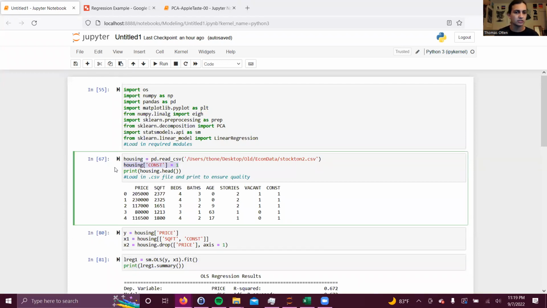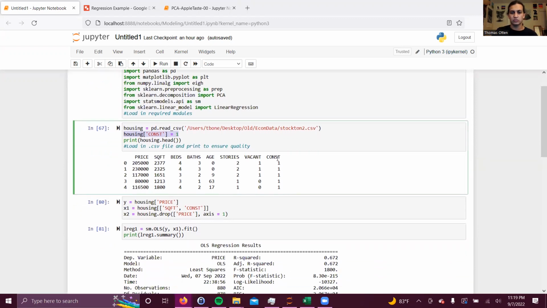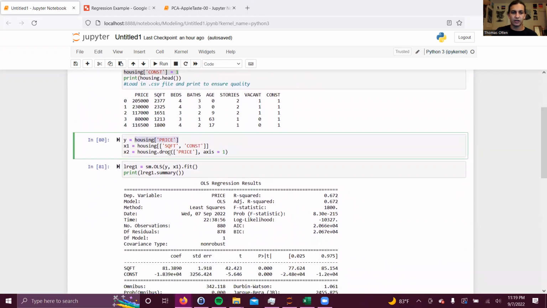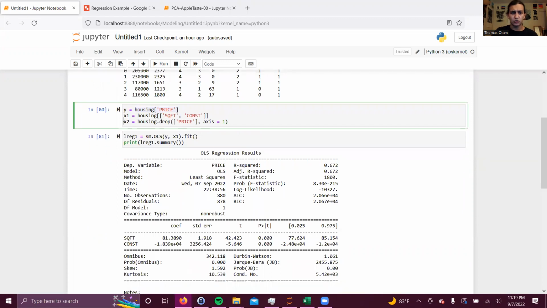Python does not do that. So you have to add in this constant variable. So you'll see it's always 1 over here. And then you're going to say, this is my Y variable. And we're going to do one simple one so I can explain what these numbers mean. And then we'll show you with everything in the data set.